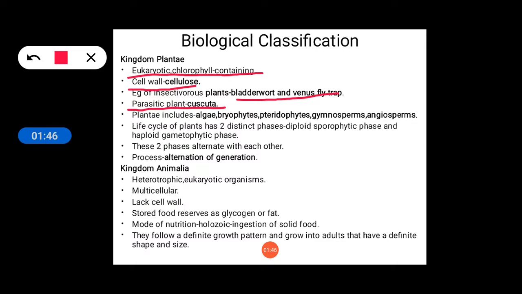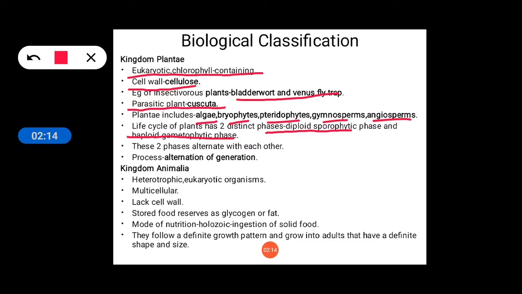Plantae includes algae, bryophytes, pteridophytes, gymnosperms, and angiosperms. The life cycle of plants has two distinct phases: the diploid sporophytic phase and the haploid gametophytic phase. These are the two phases present in the life cycle of the plant kingdom.